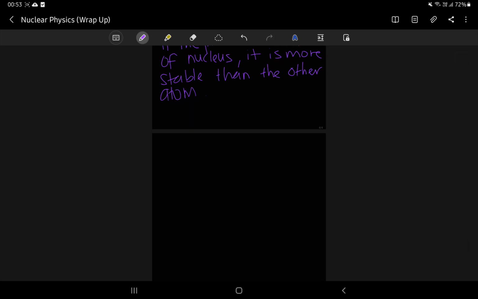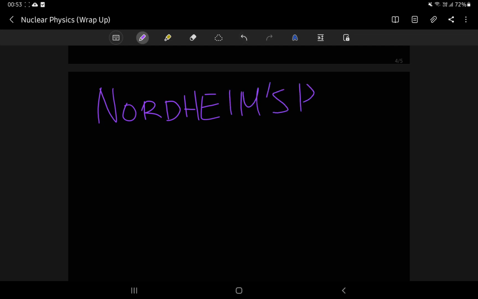Okay, we've learned about Nordheim's rule. This is for odd nuclei.